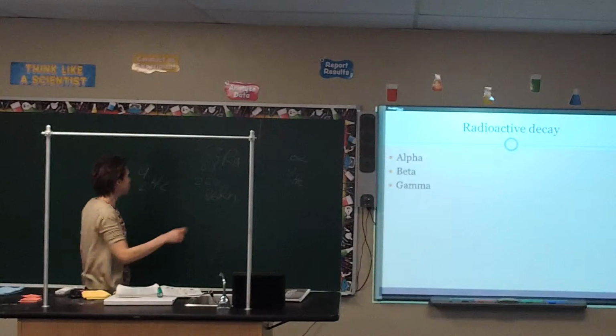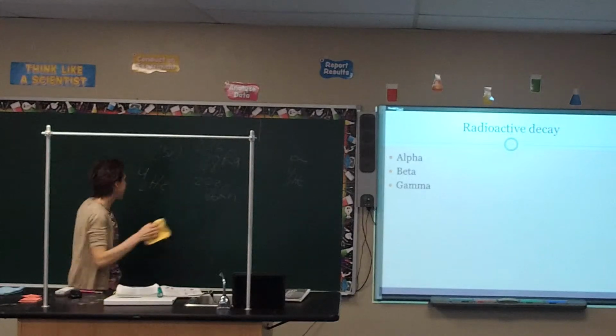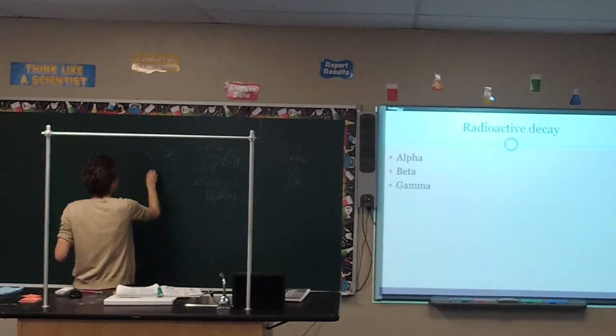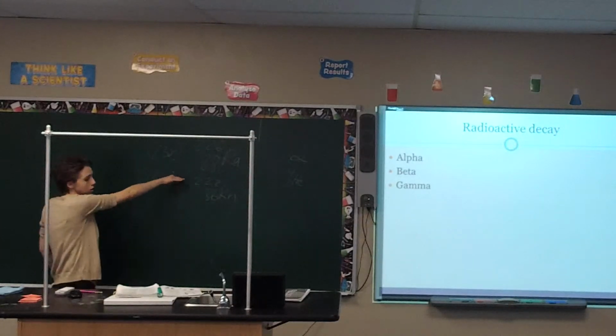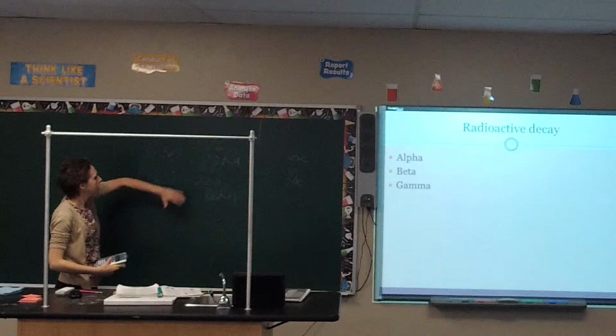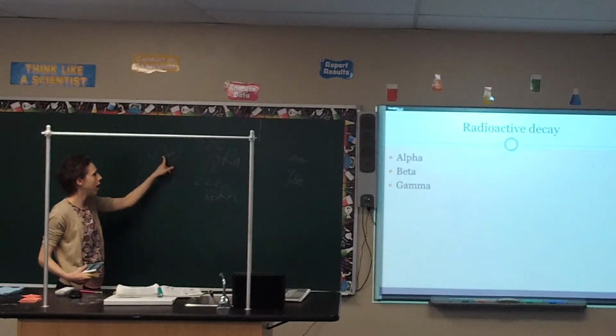So remember, for this first one, we said that the number of neutrons was 138, while the second one had a number of neutrons of 136. So, looking at these 2 elements we've already talked about, this one lost 2 protons and 2 neutrons.